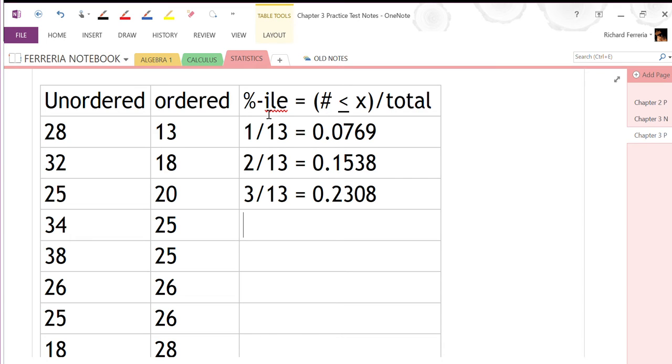This is where it gets a little bit interesting. How many of the toe angles are less than or equal to 25? 1, 2, 3, 4, 5. So now we're looking at 5 out of 13. That's the 38th percentile. And guess what, this other 25 has the same percentile rank.